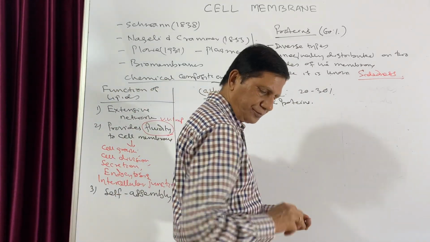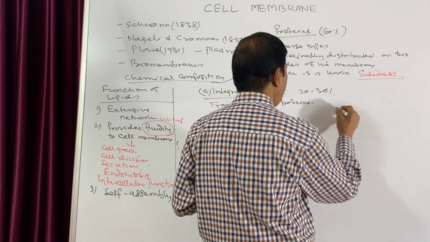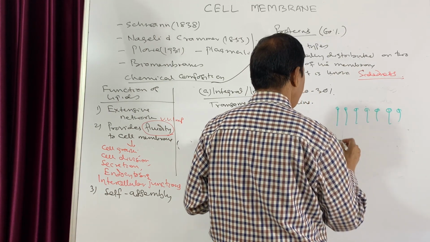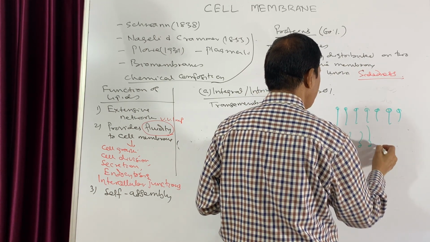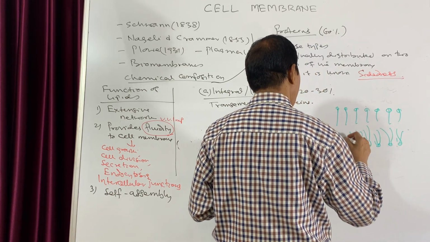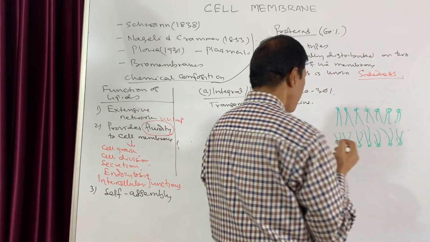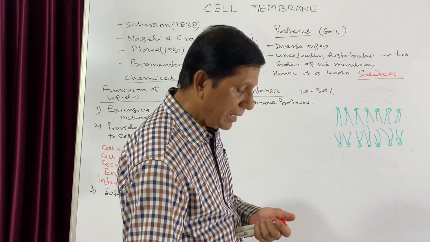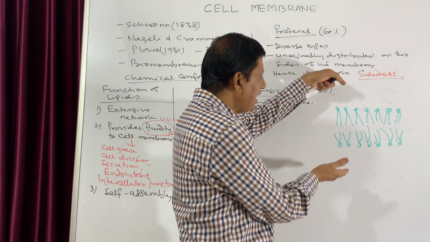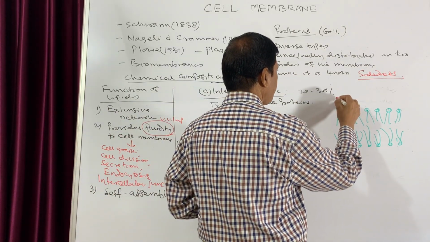That means if this is a bilayer of phospholipids, then these transmembrane proteins or integral proteins span the entire bilayer either once or twice, like this.